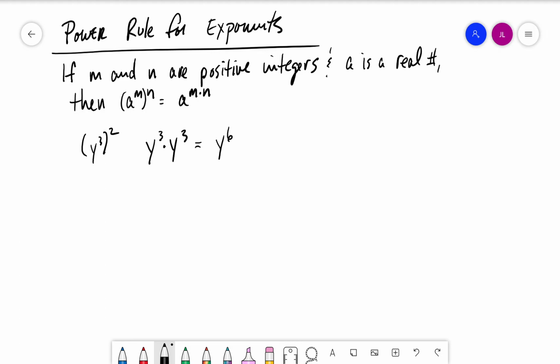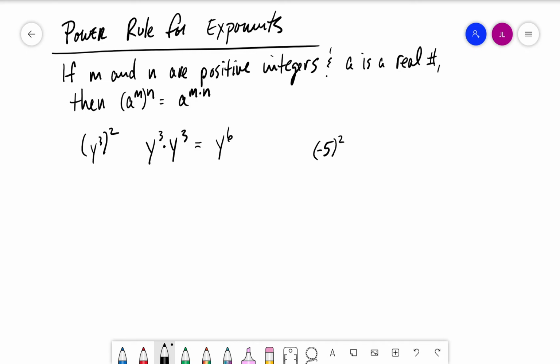So let's look at another little bit of an example here. Let's take, let's look at -5 squared.